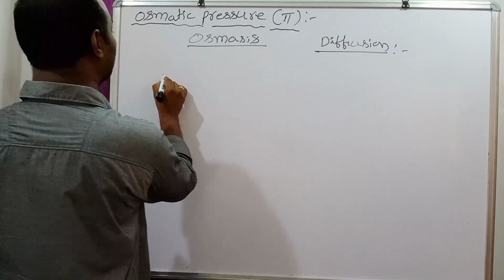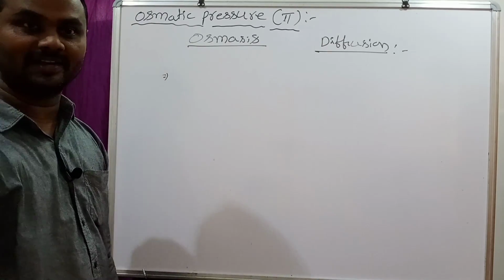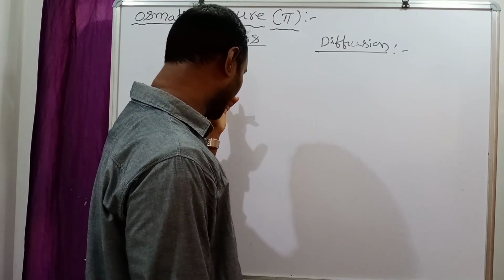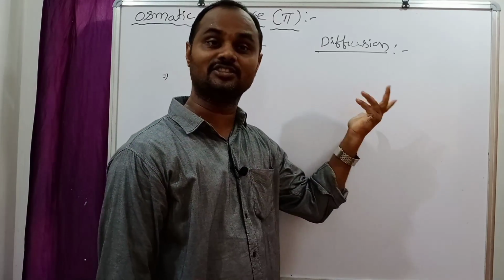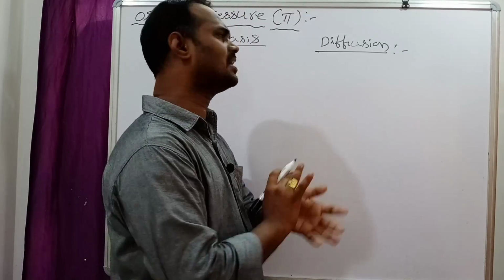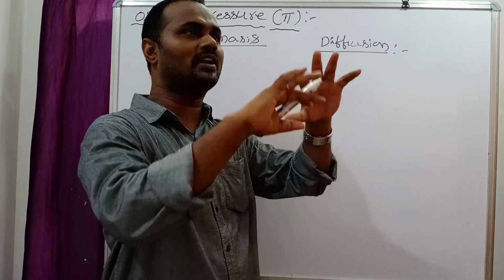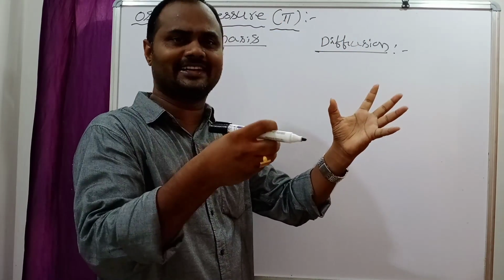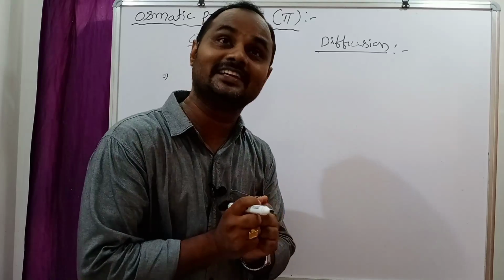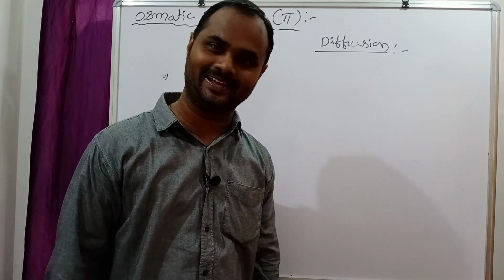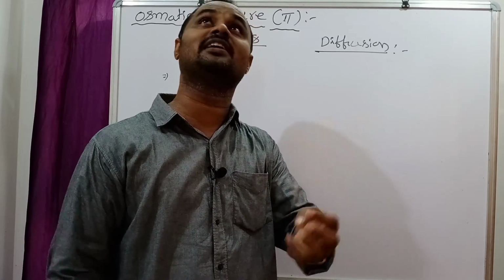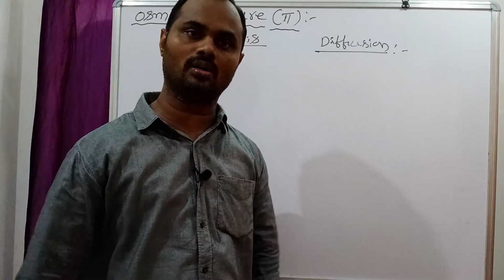In osmosis, a semi-permeable membrane is required; it takes place through the semi-permeable membrane. In diffusion there is no membrane. The best example of diffusion: if a fully air-inflated balloon blasts, the air will spread to all areas. Similarly, if a chimney releases smoke, it goes to all areas.